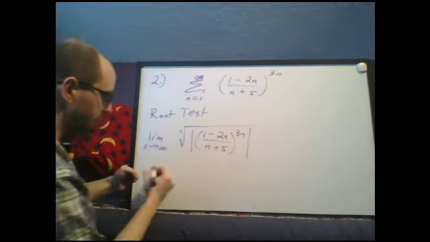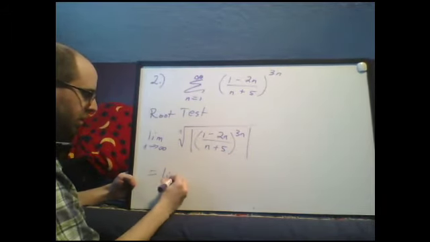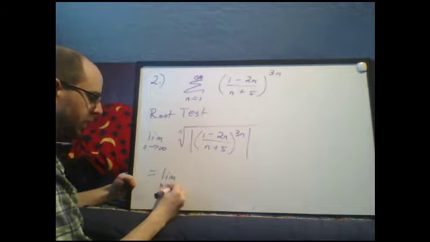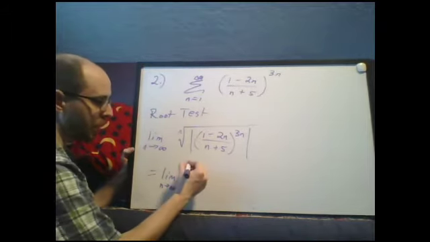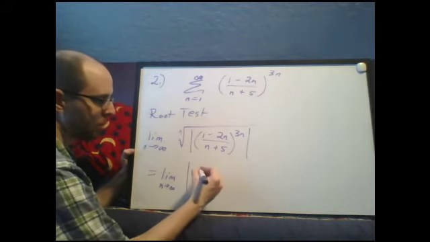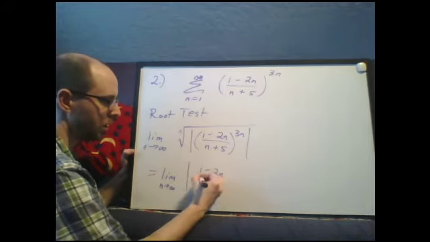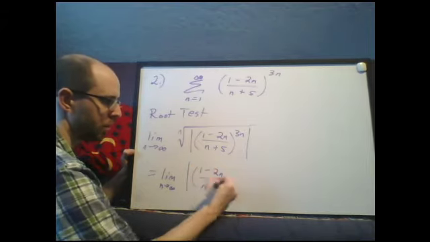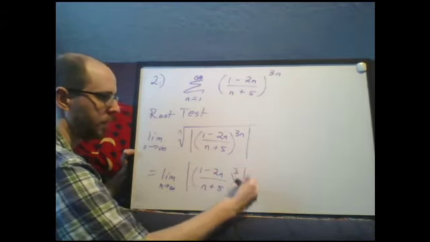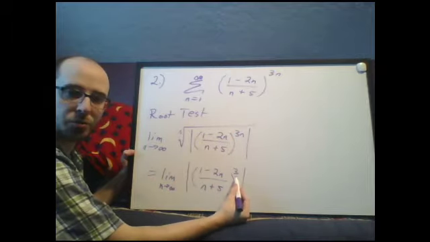So this is going to give me the limit as n goes to infinity. It won't take care of the absolute values. I have to keep those absolute values. So absolute value of 1 minus 2n over n plus 5 to the third power now. So 3n divided by n leaves me with 3 in the exponent.